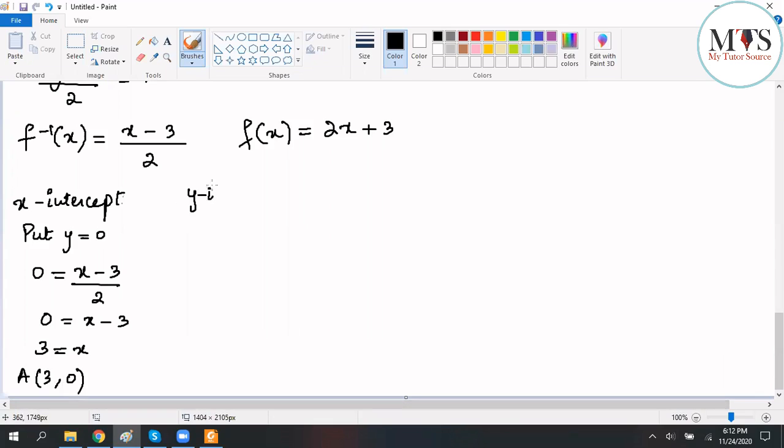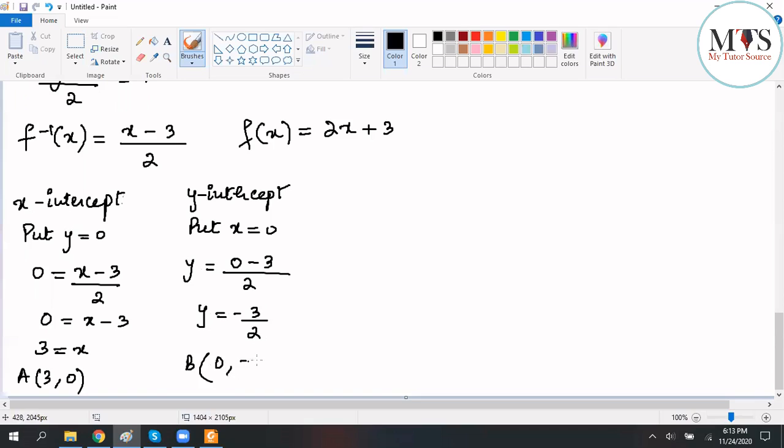Now we find the y-intercept. So we put x equals 0. That's right. So y would be 0 minus 3 over 2, which is negative 3 by 2, right? Yeah. So these are the two coordinates for the inverse function.